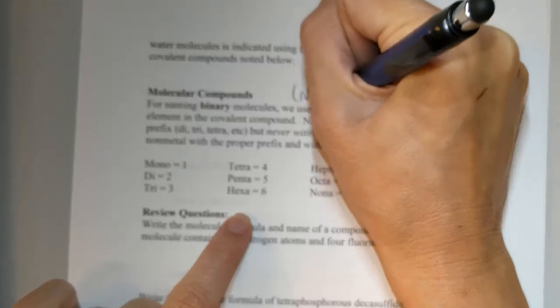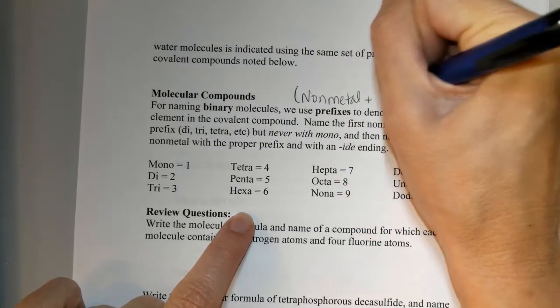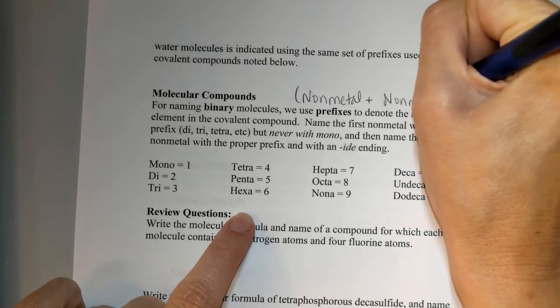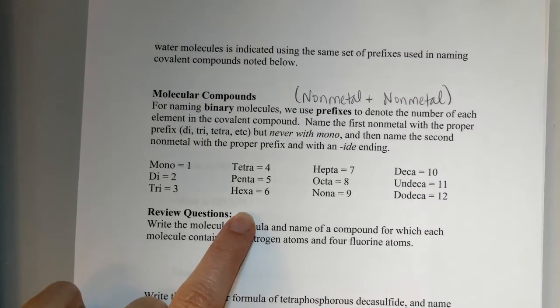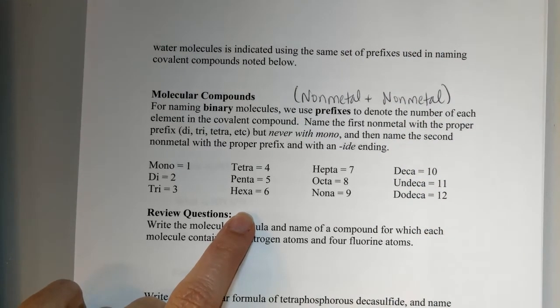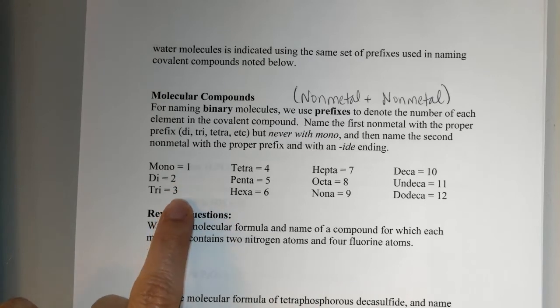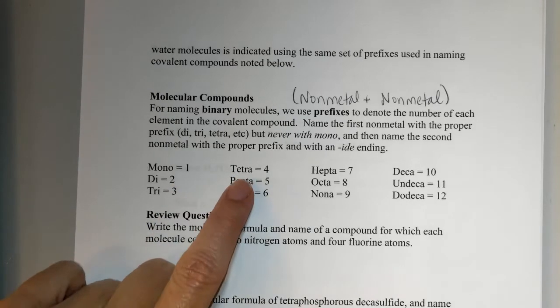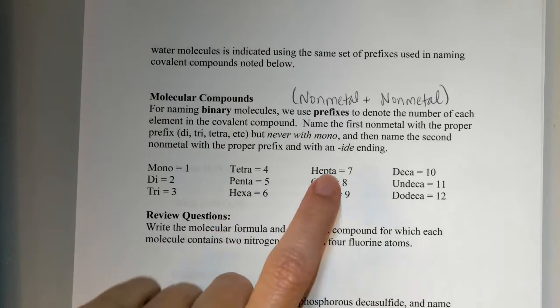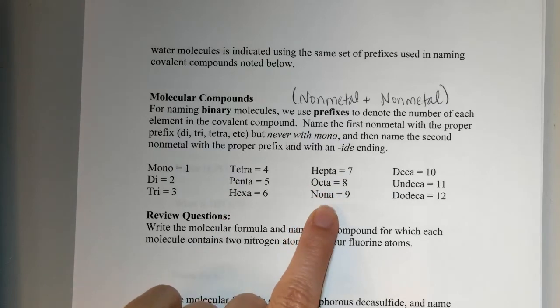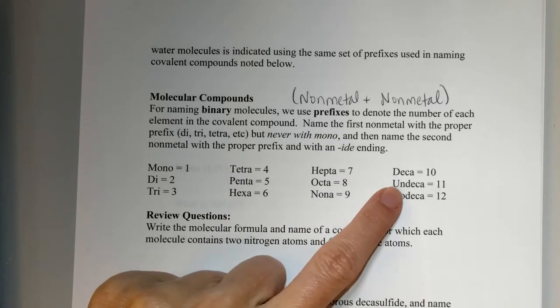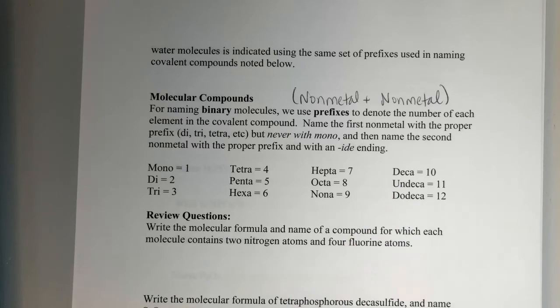These are the same prefixes we use with covalent or molecular compounds. When we have a nonmetal and a nonmetal, instead of looking at ions, because of course there are no ions, it's covalent, we use prefixes to say how many of each element are in the compound. The prefixes: mono, di, tri for 1, 2, 3; tetra, penta, hexa for 4, 5, 6; hepta, octa, nona for 7, 8, 9; deca, undeca, and dodeca for 10, 11, and 12.